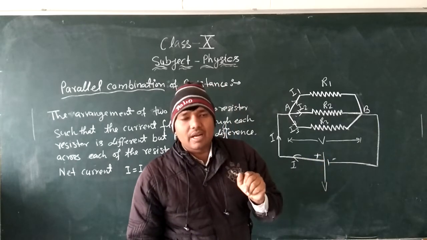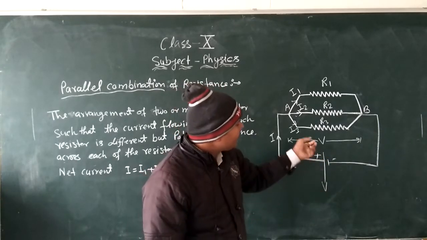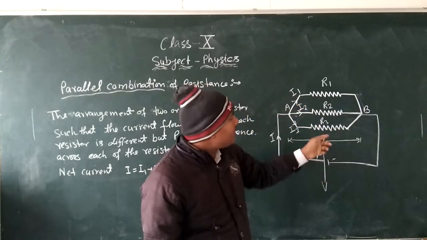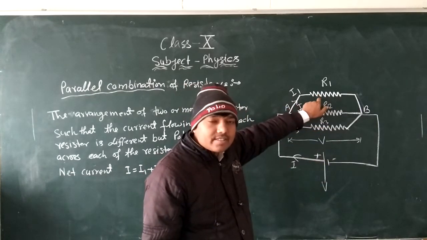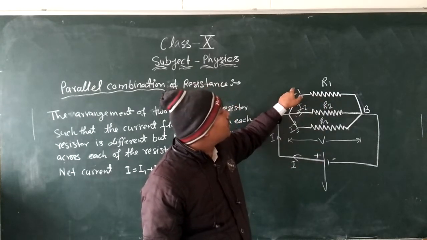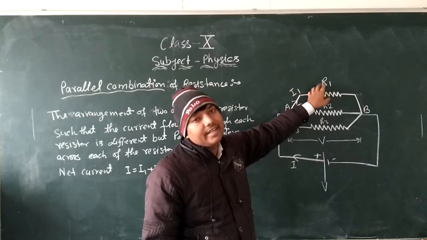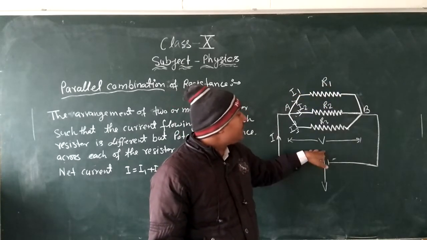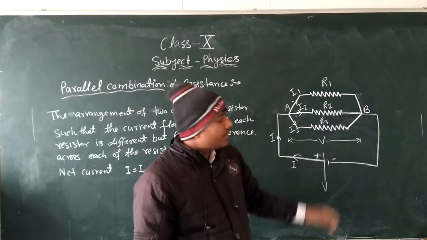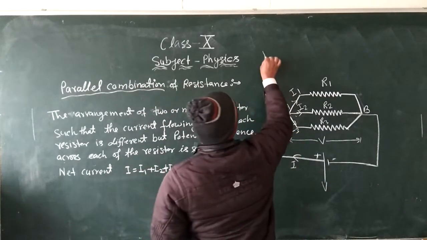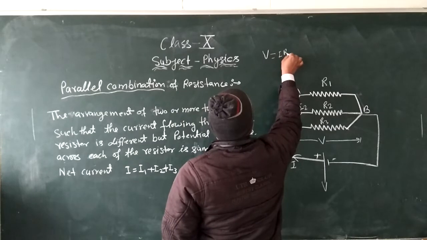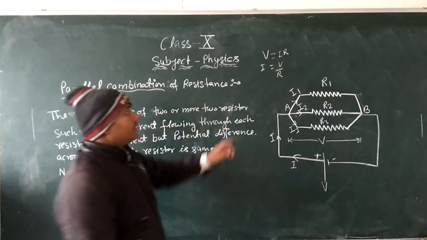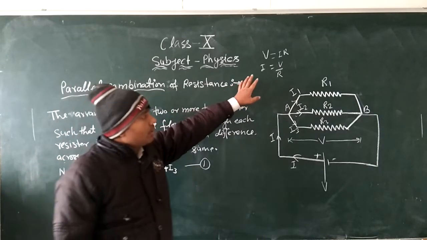According to Ohm's law, V is equal to IR. That means the potential difference across R1 is V is equal to I1 R1. That is, the current across R1 is I1 is equal to V upon R1, because we know that V is equal to IR, therefore I is equal to V upon R. This is according to Ohm's law.